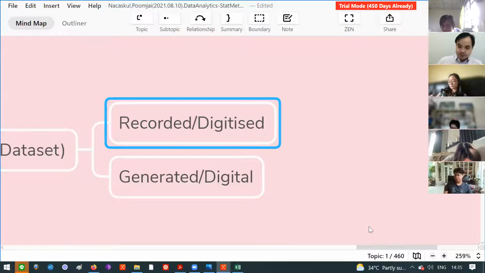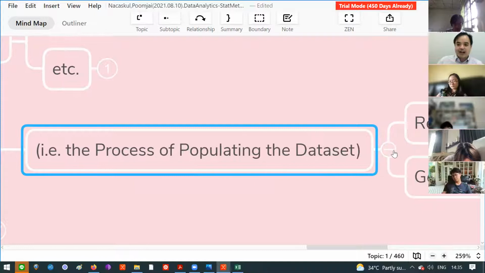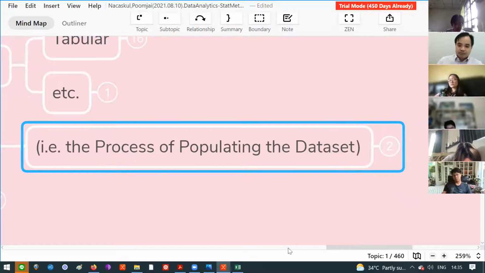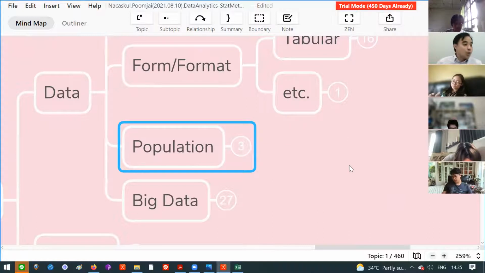This is important for data scientists to recognize, but for your class, you don't have to pay too much attention because your data will come from somewhere else. You can assume that it comes from physical recording. It's not generated data, it's real data that pertains to a real population.